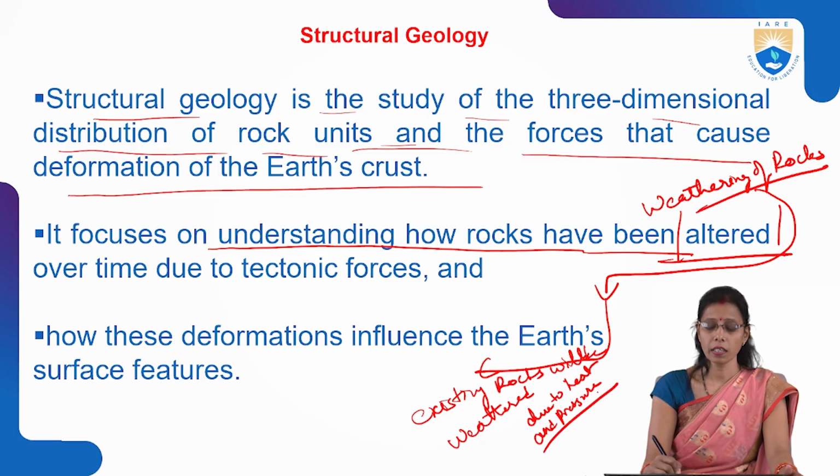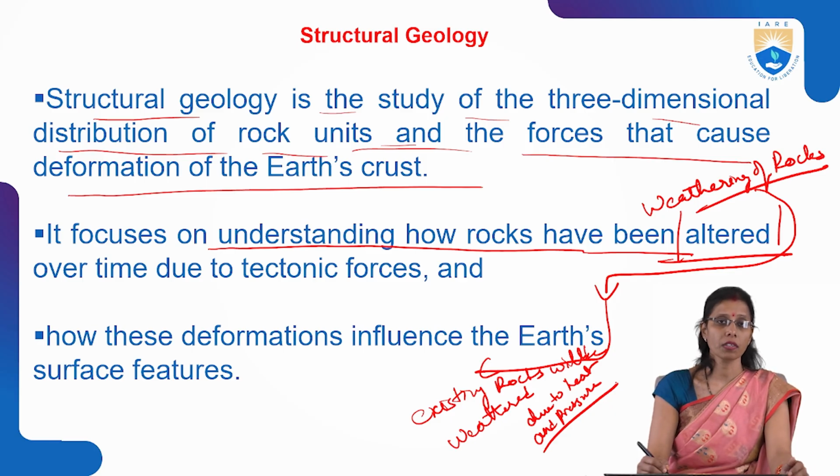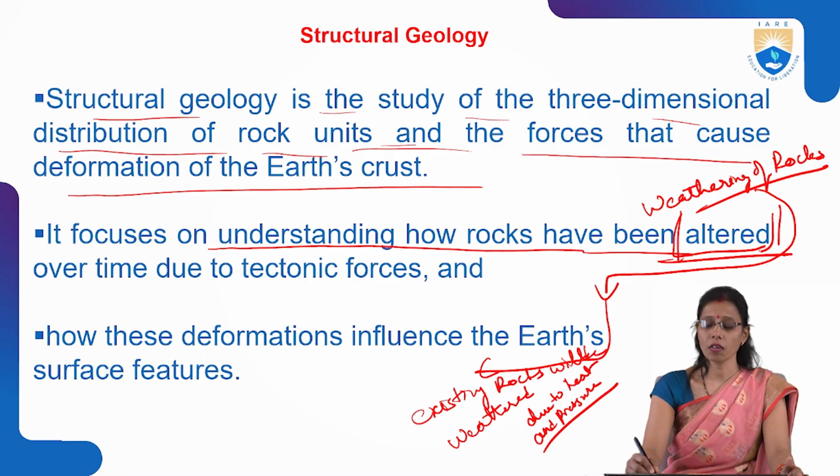Sometimes the temperature fluctuates and is very dynamic. You have cold conditions and hot conditions. In those conditions, the rocks will contract and break down into pieces, and those pieces will be carried away by water or wind and settle again in other locations. So with weathering, rocks are always altered. It is a continuous process.